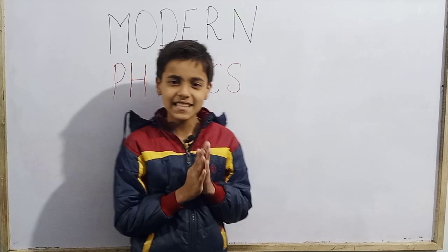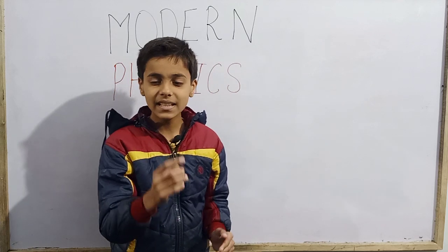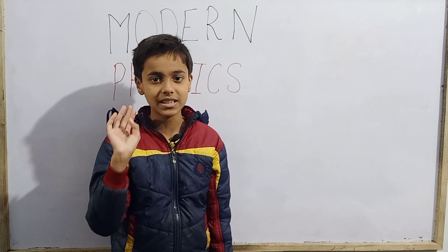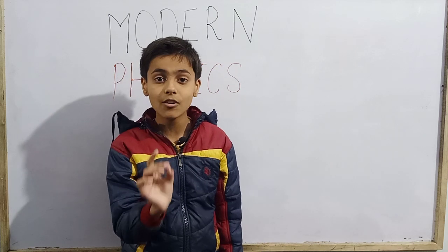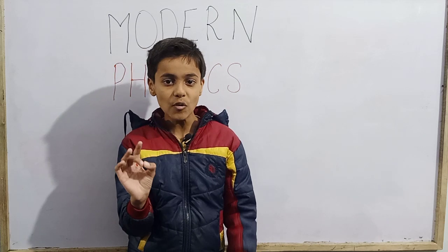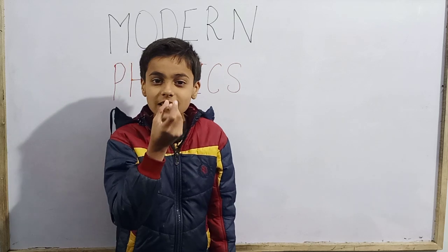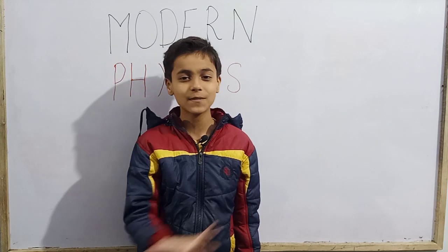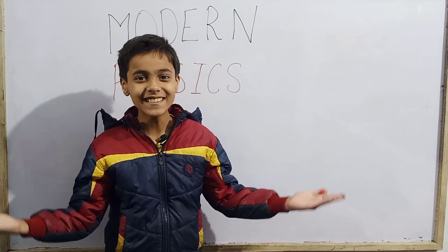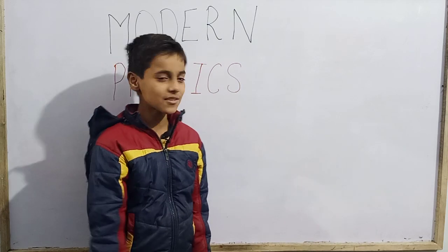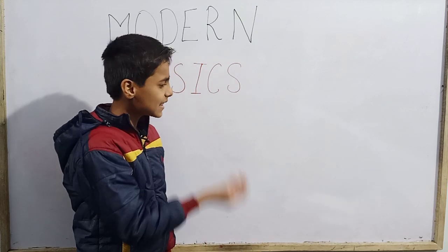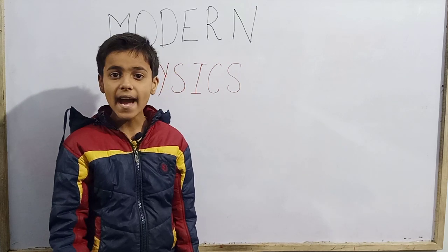Let me tell you a nice story. Before the beginning of the 20th century, before the 1900s, physicists were thinking that we had discovered everything in physics. But even today, with 2021 having begun, not everything in physics is discovered.